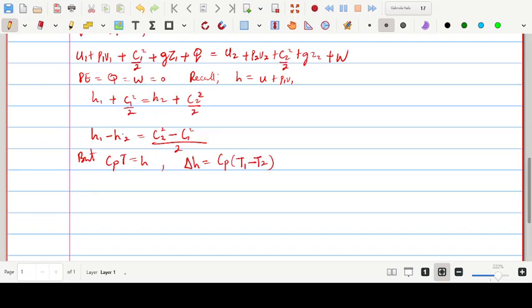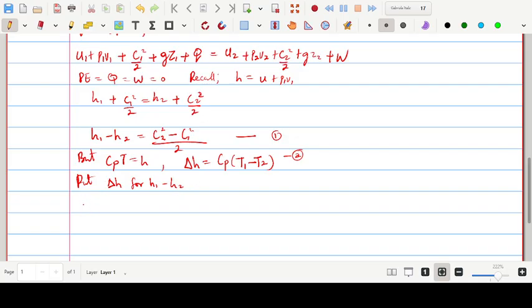Since H1 comes first, it is T1 that will be here, then we are going to have T2. We can now substitute into this equation. Let me call this one equation 1 and this one equation 2. So you now put this for H1 minus H2.